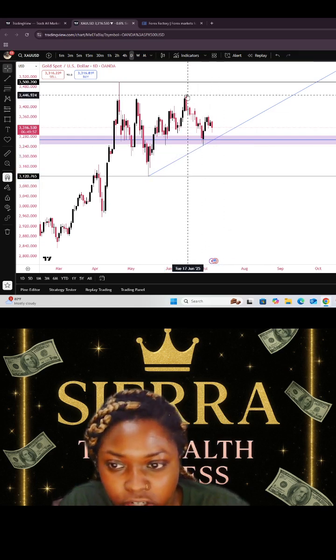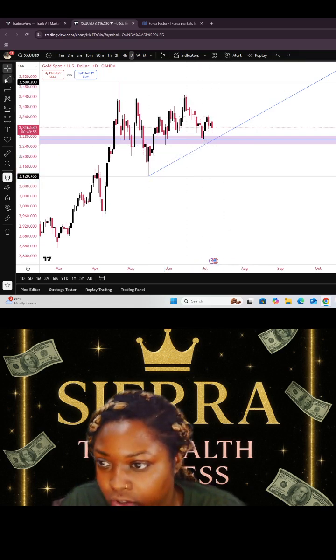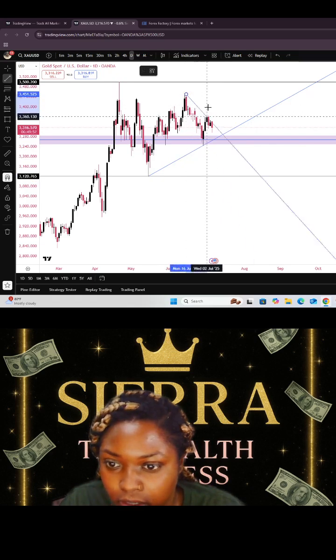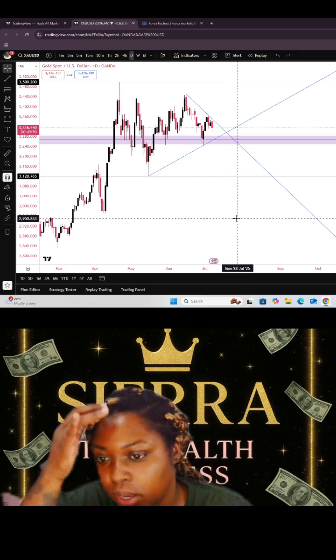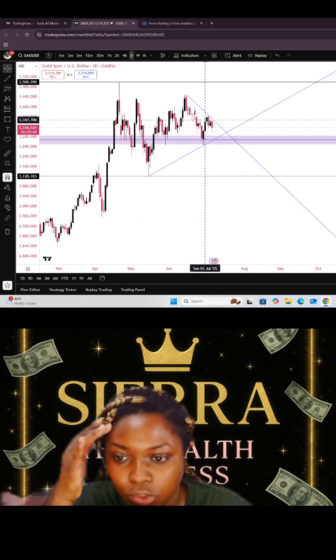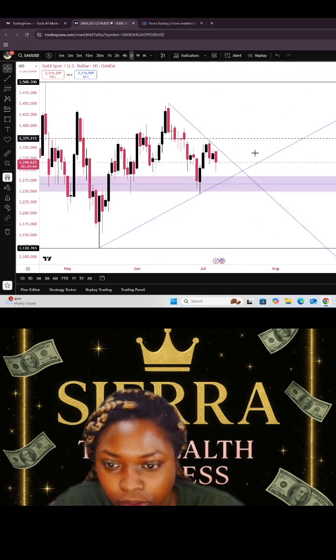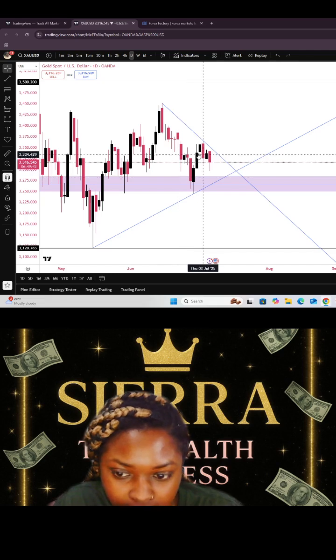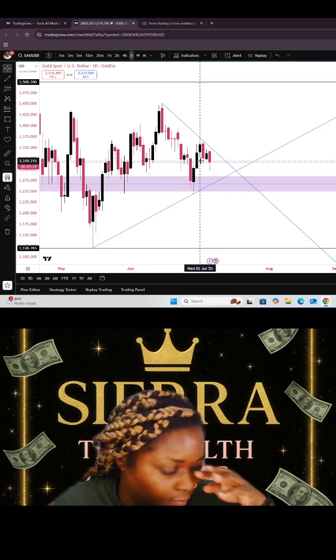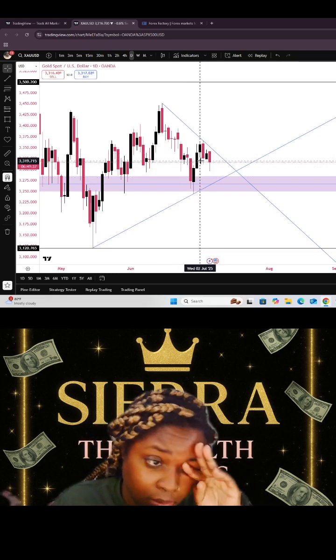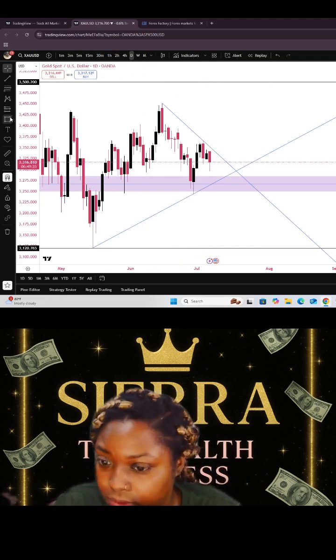And then I have rejection here and here, so I'm going to put another trend line there. And we're going to kind of put gold in this wedge pattern here, okay? Now, I am zooming in a little bit more because I see price currently is in a fair value gap. So I'm going to mark this fair value gap up here.